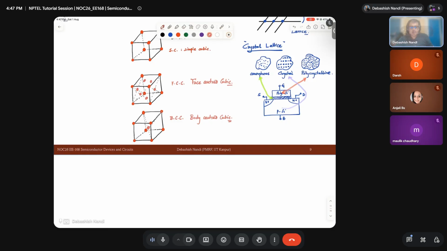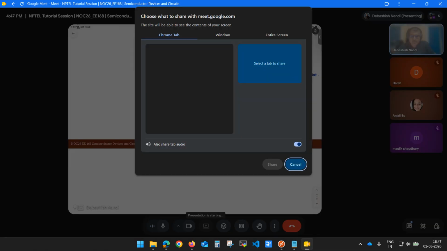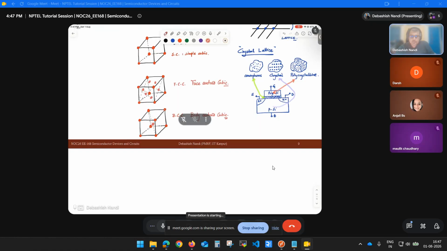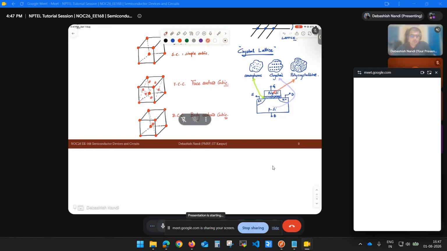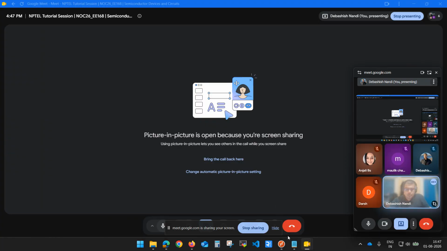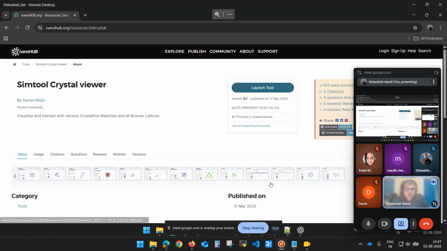Okay, so now let me just share my screen. Okay, so is my screen visible? Can you see the sim tool crystal viewer?